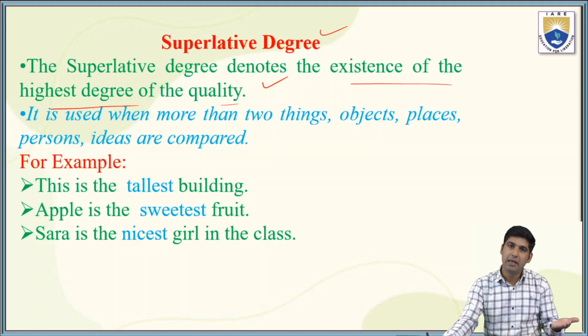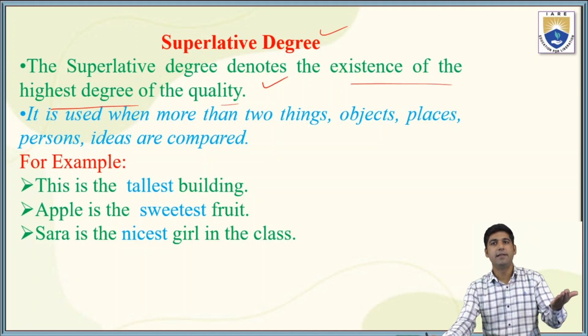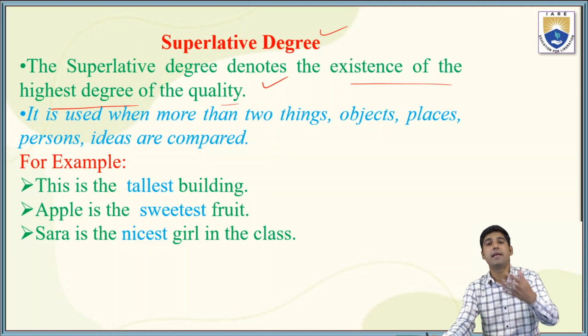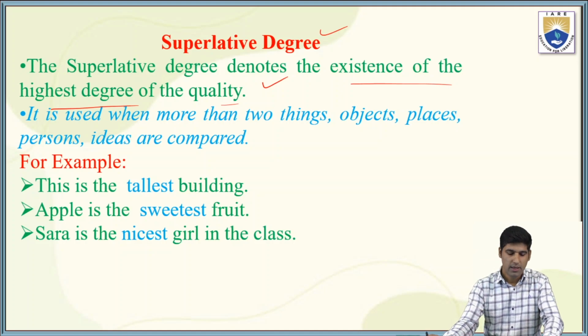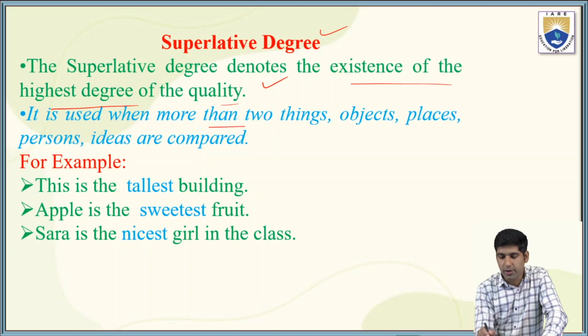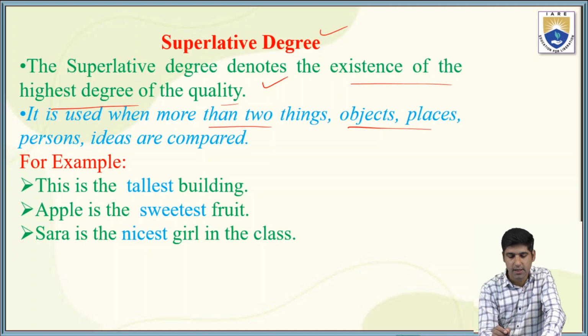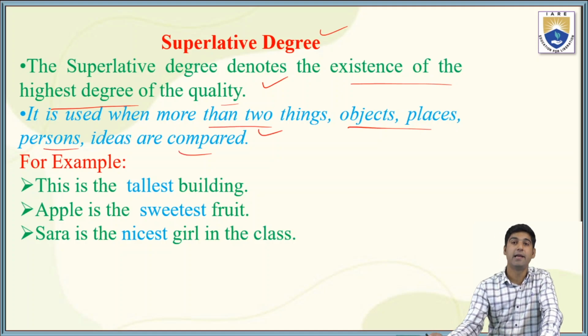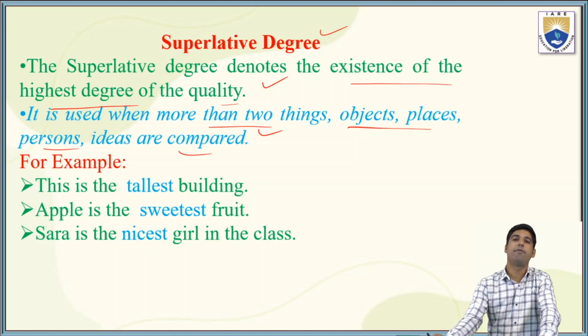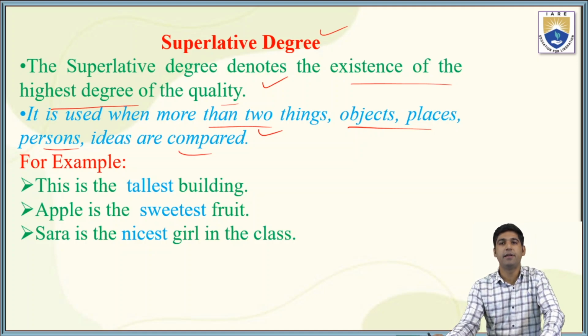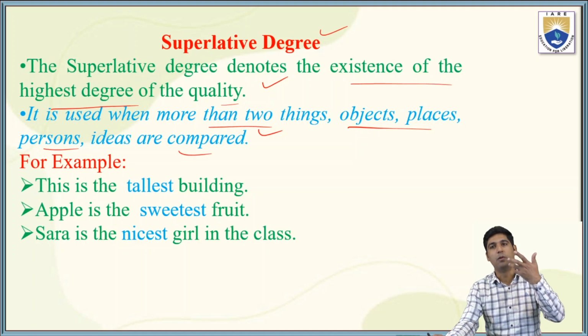First it was simple, mere existence, then it was a higher degree of the quality, now it is the highest degree of the quality. And it is used when more than two things, objects, places, persons, ideas are compared.